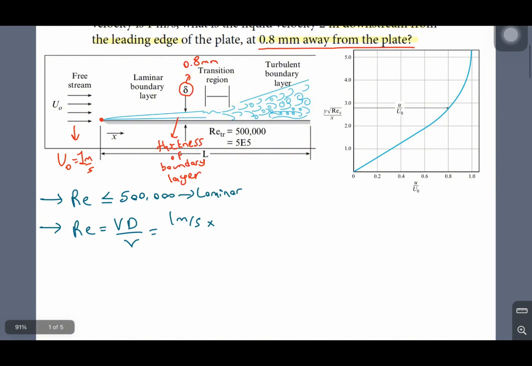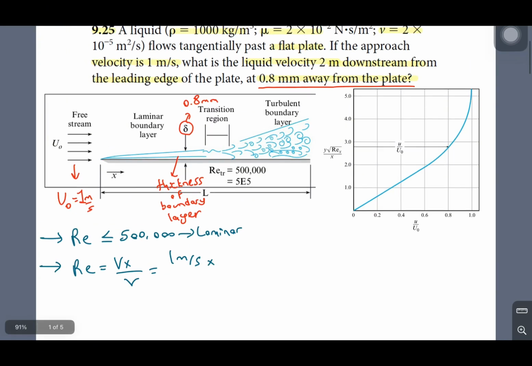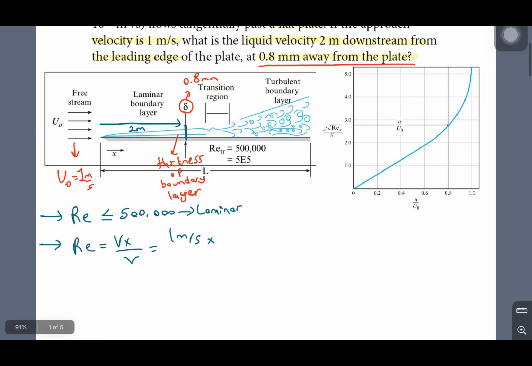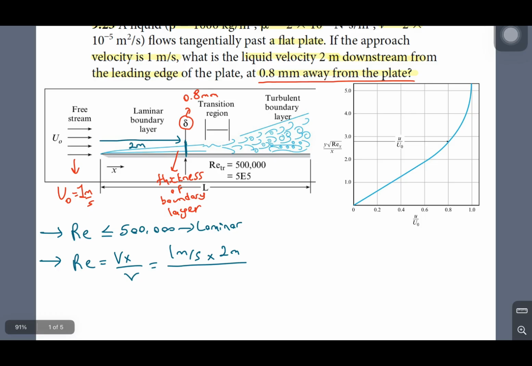We were using diameter, but here we use x, which is again a dimension, the distance from the leading edge. It was given as 2 meters downstream of the leading edge. So this distance is 2 meters, and we use x as 2 meters. Again, it is the distance from the leading edge of the plate.